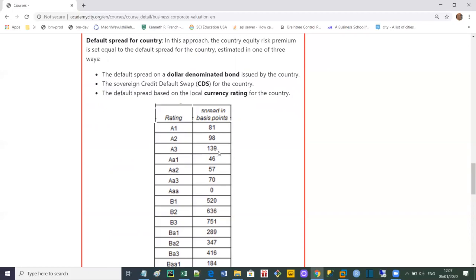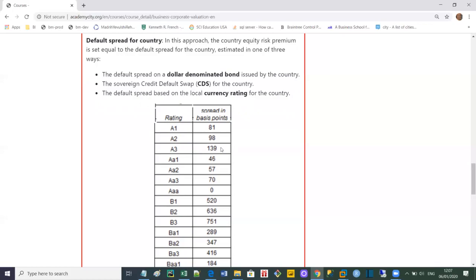Don't get confused: 139 out of 10,000 gives you 1.39%. That's the way you measure it. So if you're operating in a country with a default risk of A3, that will be the spread that you will use for your paper.